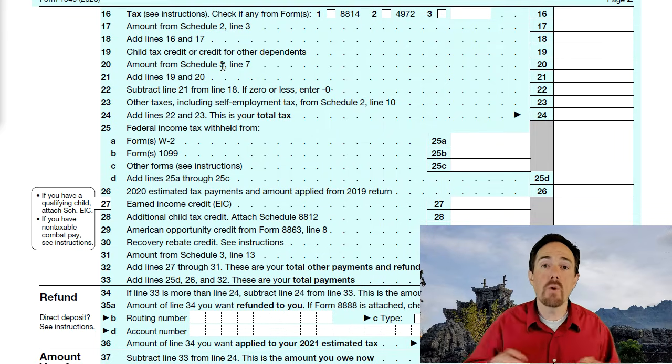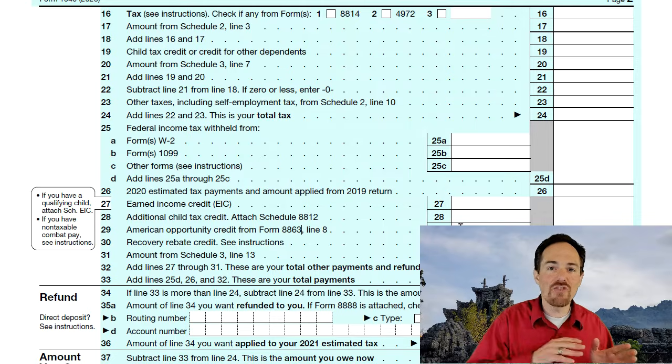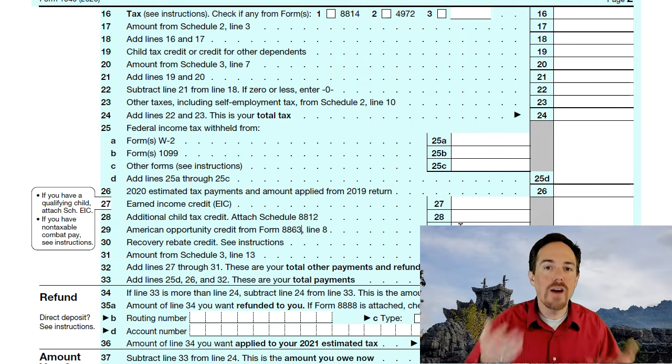Education Credit is where you report the Lifetime Learning Credit, and it's where you report some of your American Opportunity Tax Credit if you owe taxes. And then the American Opportunity Tax Credit from Form 8863 on line 29 is where you report that $800 to $1,000 refundable credit that you get paid even if you didn't owe any taxes to the government.